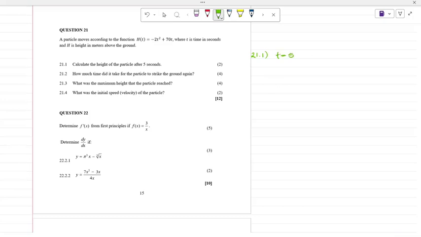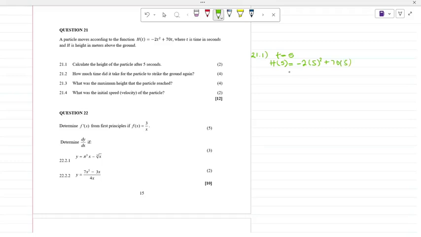So we are going to substitute this 5 into the distance function. We are going to evaluate h of t when t equals 5. So h of t equals negative 2 times 5 squared plus 70 multiplied by 5.